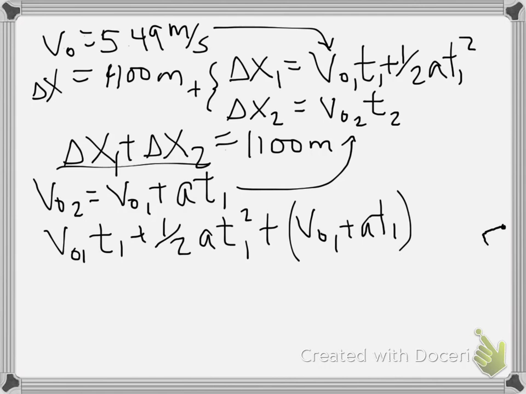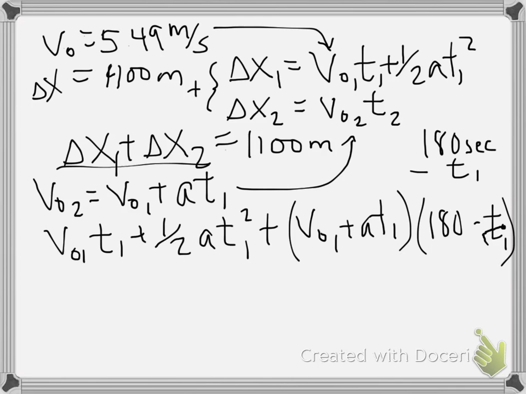That's all going to get multiplied by t2. But we know what t2 is. In order to finish the race in 3 minutes, which is 180 seconds, t2 is going to be 180 minus t1. So that's what we're going to plug in for t2, 180 minus t1. Sorry about that chicken scratch there.